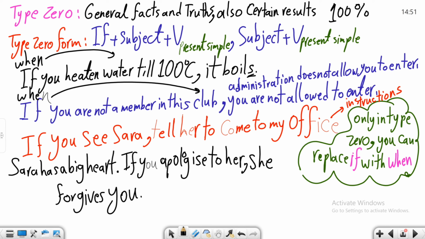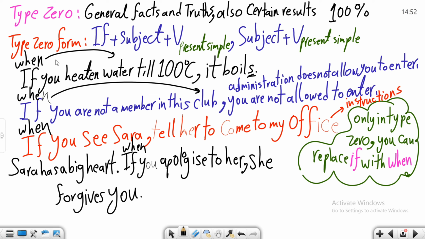Example number 3, when you see Sarah, tell her to come to my office. This also gives the same meaning. And here, of course, we say, when you apologize to Sarah, she forgives you immediately. Only in type 0, my friends, we can replace if with when.